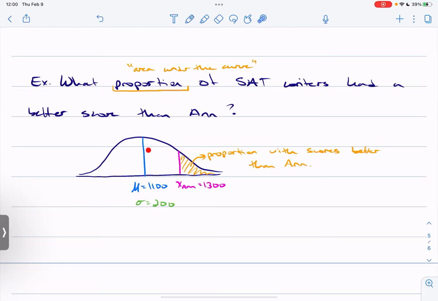What's the opposite area? That would be the proportion with scores less than Anne, right? We could find that as well, but I'm starting out with a big example. Okay.